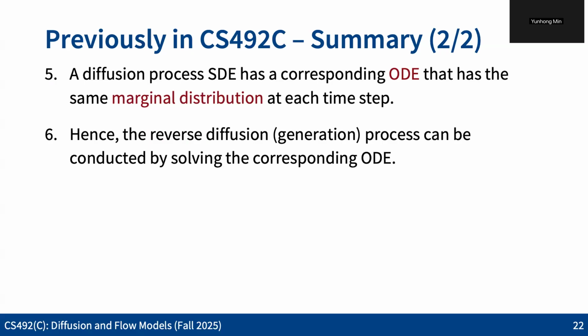We can convert the SDE into the corresponding ODE so that we can do the same sampling without involving any stochasticity in the sampling process. So when you see the reverse diffusion process, we can conduct all the generation process by solving the ODE formulation. That's the key idea in the diffusion models.